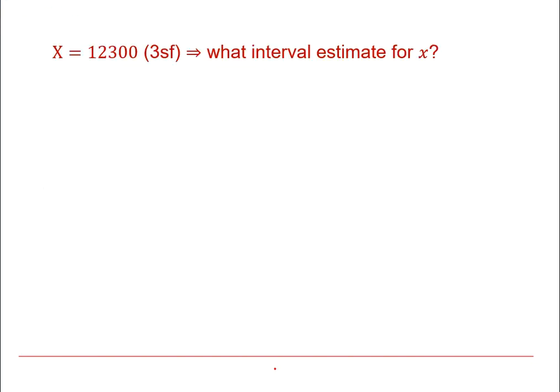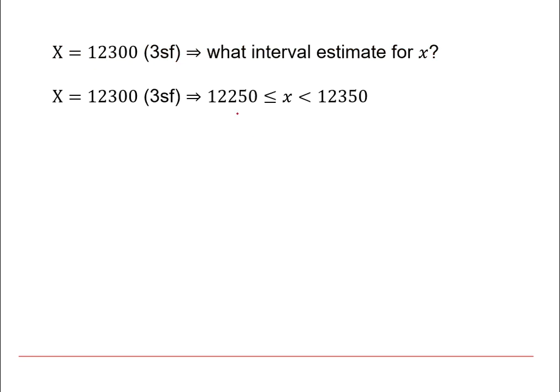Now, using the same notation as previously, so that little x is the exact value for some quantity that we've measured and big X is an approximate rounded value, then if in this case we're told that big X is 12,300 to three significant figures, then we might be interested in trying to decide what could be the possible interval for the true value little x.